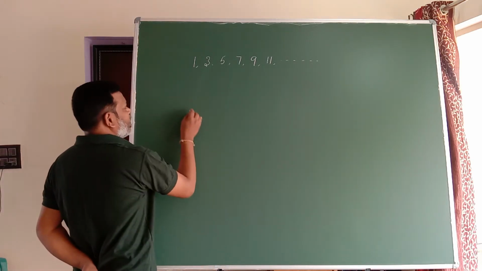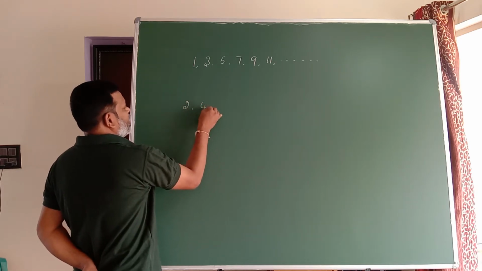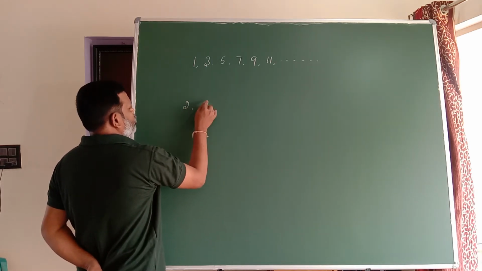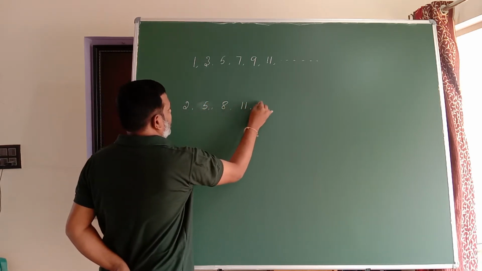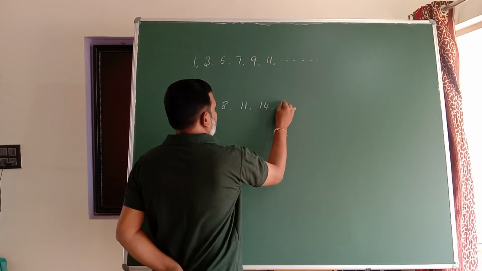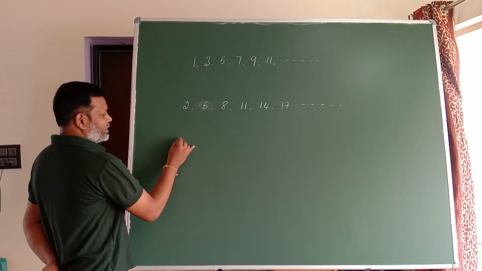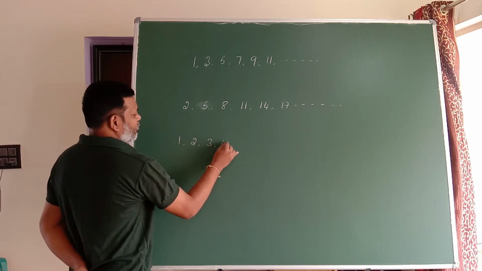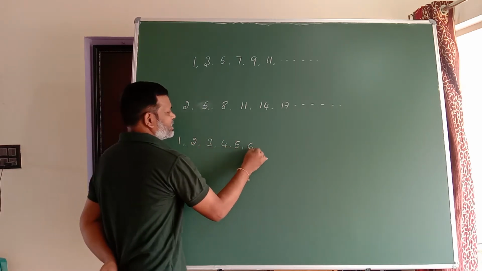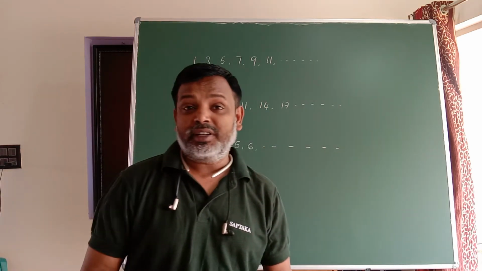I am considering one more example here: 2, 5, 8, 11, 14, 17, and so on like this. Again, I am considering one more example here: 1, 2, 3, 4, 5, 6, and so on like this. These are the examples of a sequence.